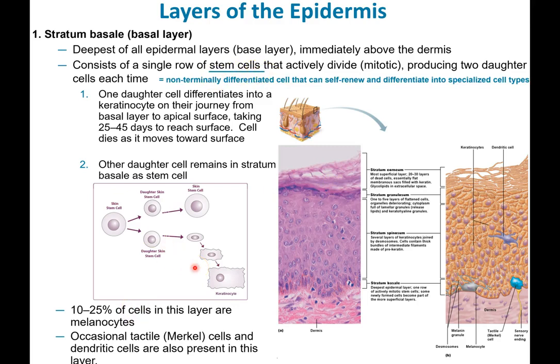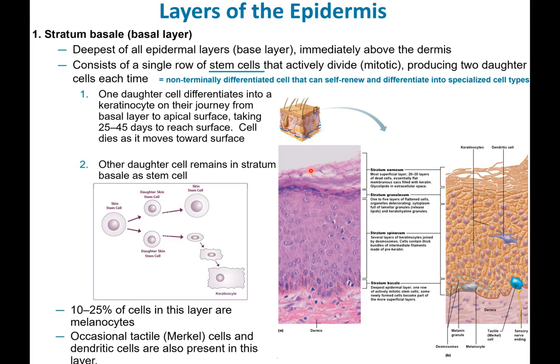Here, the fate of each daughter cell is as follows. One daughter cell differentiates into a specialized cell called a keratinocyte on its journey from the basal layer all the way to the free apical surface.